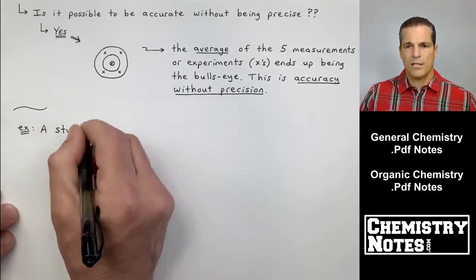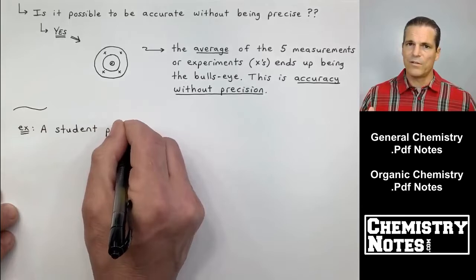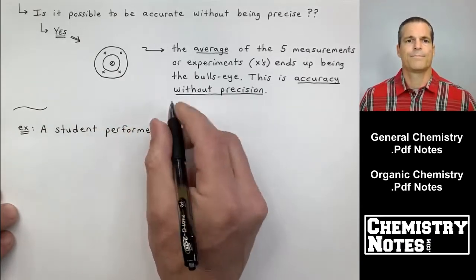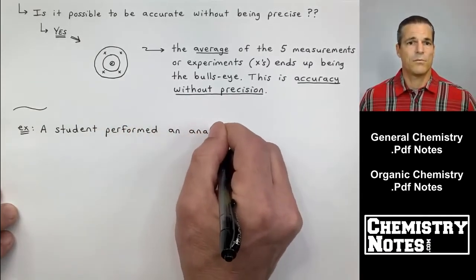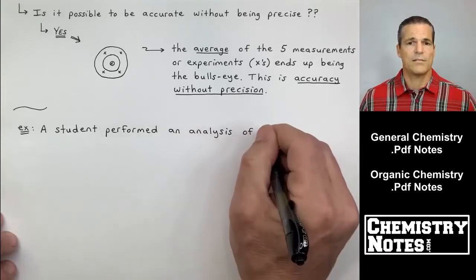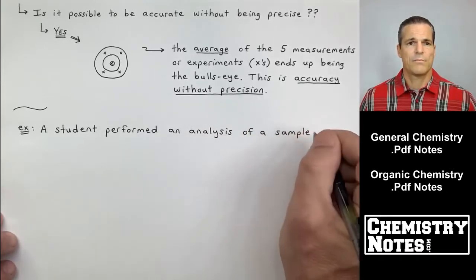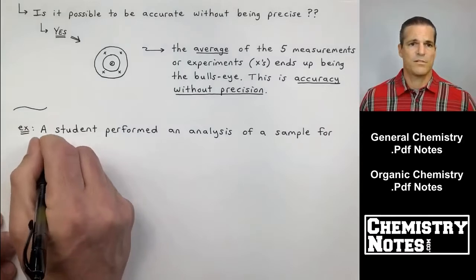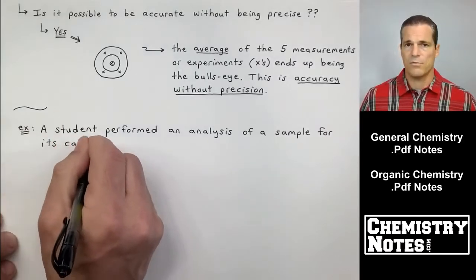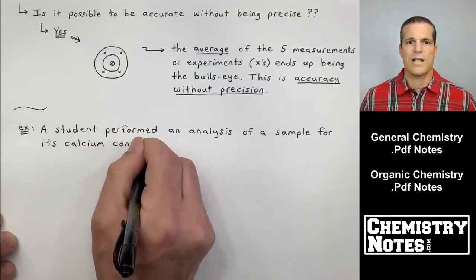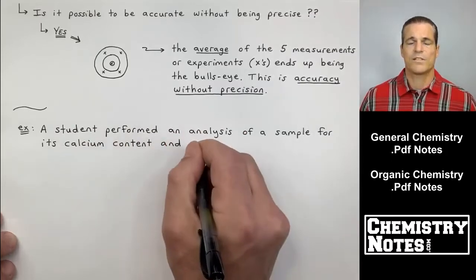All right, that little swervy line means I'm moving to an example, and here it is. A student performed an analysis. This student could be you, could be the student next to you, doesn't matter, but it's a student in a lab performing an analysis of a sample for its calcium content.